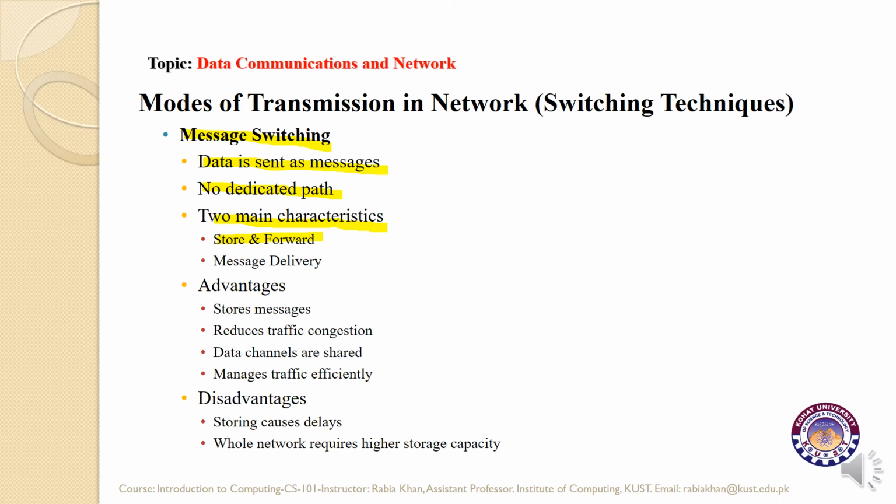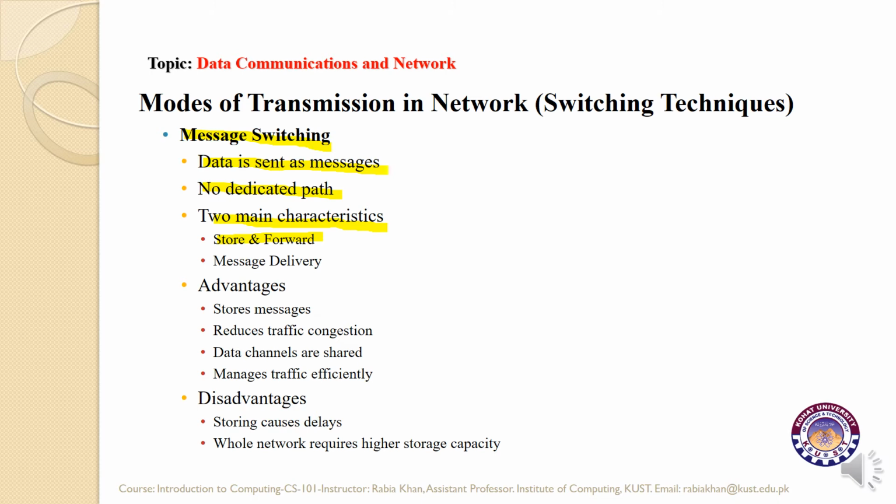They send it node by node. So every node must have the storage capacity, as it has to store the message received from one node and then informs the other node that it is sending the message. But if the other node is not ready, the previous node has to store the message for long, until the connection is established with the next node.